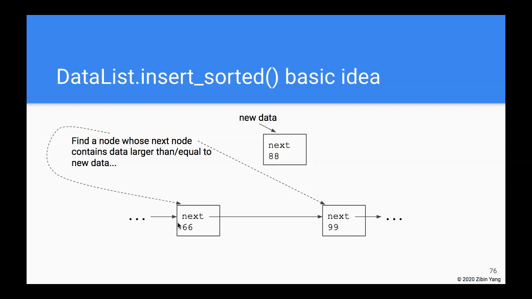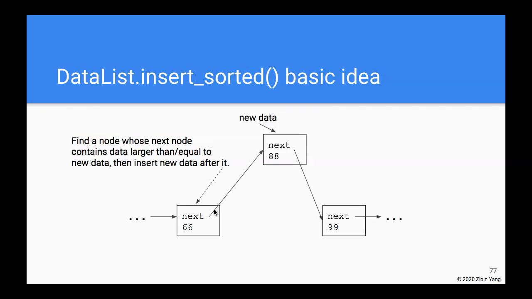So we have to find the node 66 so that we can insert 88 after it. So that's kind of the key here. And what happens once we find the node whose next node is larger than the new data? Well, it's a simple matter of calling insert after, insert the new data after the quote unquote right node.